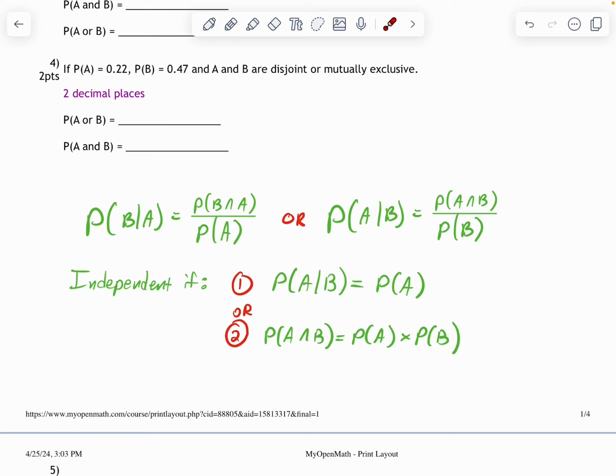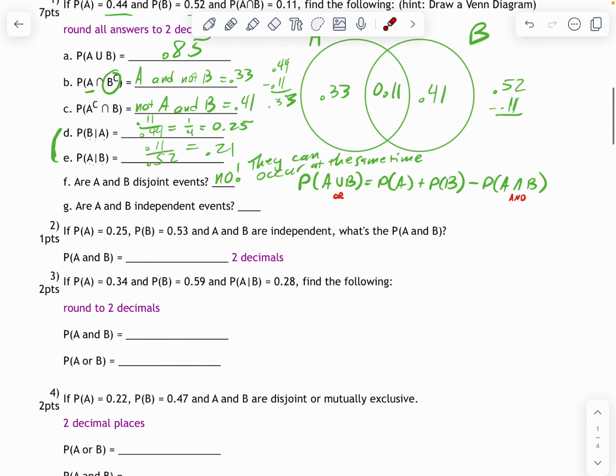One is that the probability of A given B equals the probability of A. And the other one is to know that the probability that they both happen is the same as the probability of A happening followed by B happening. Let's do this one because we already have the information. We did this right here.